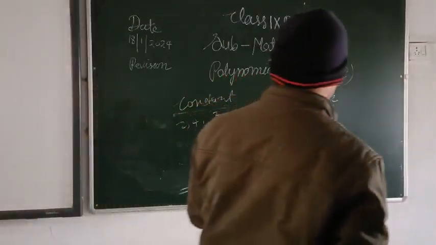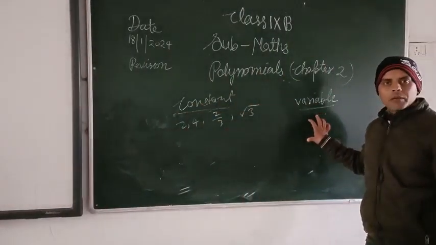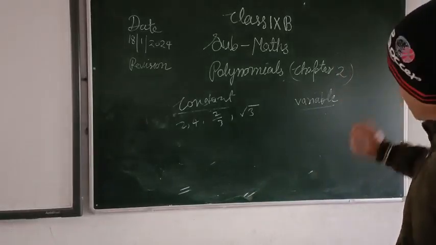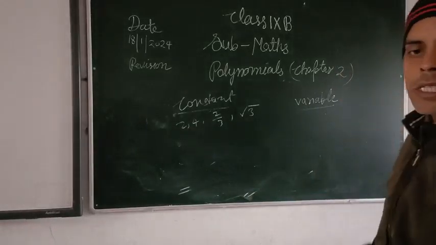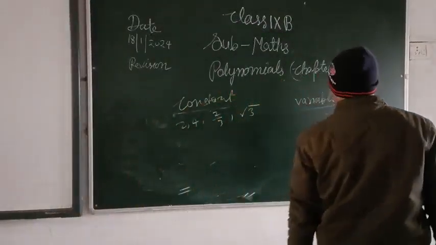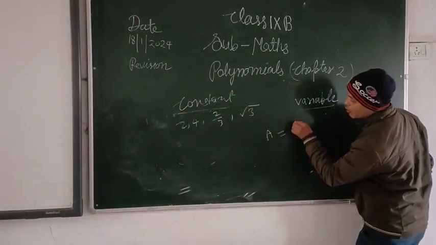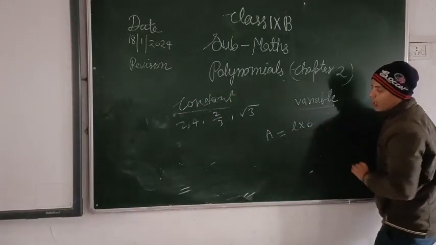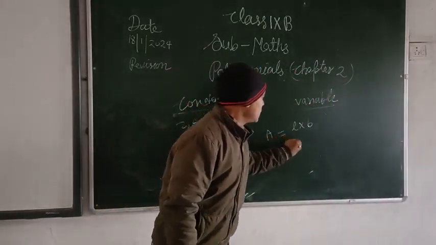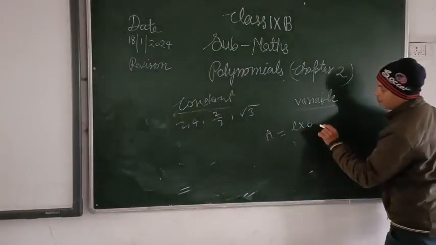Okay? And what is variable? Any symbol which does not have a given fixed value is known as variable. For example, if we are taking area of rectangle, that is area of rectangle is equal to L into B. What is L here? L means length of rectangle and B means breadth of rectangle.